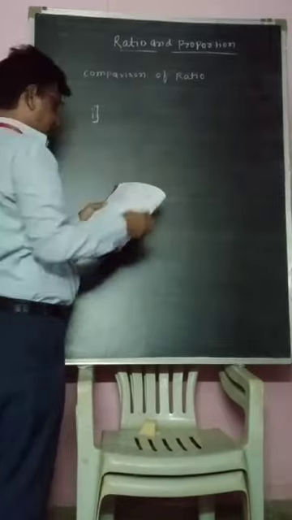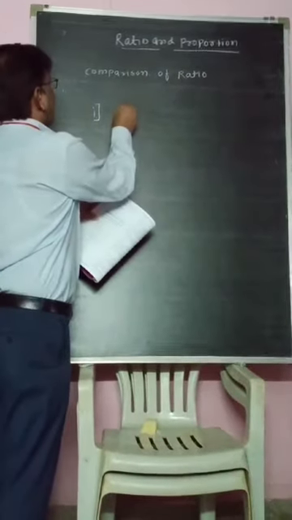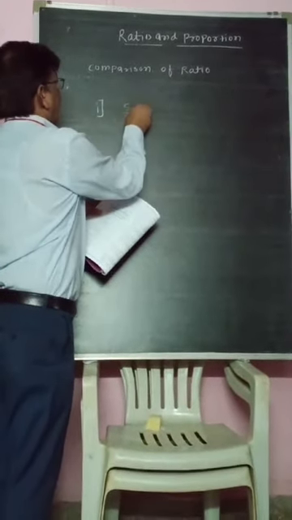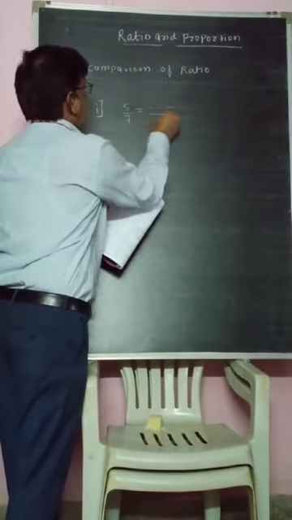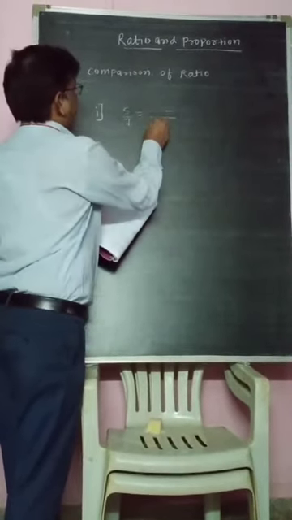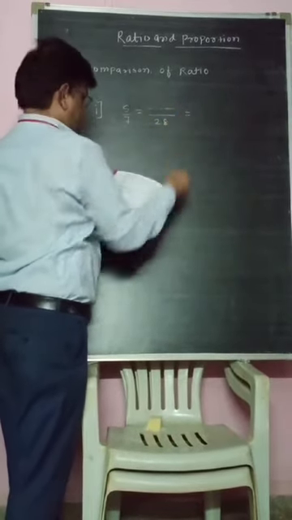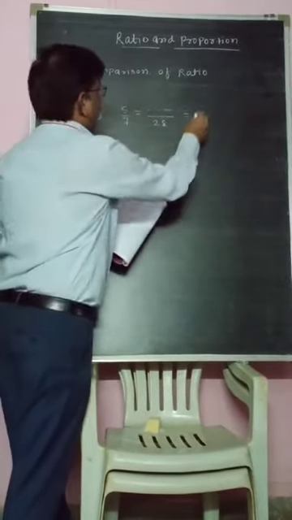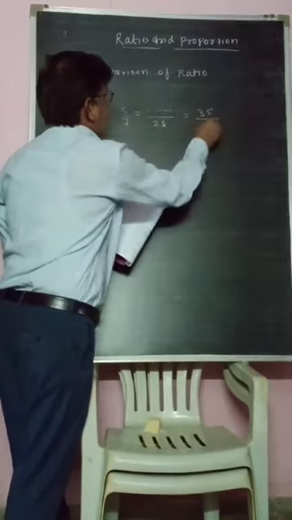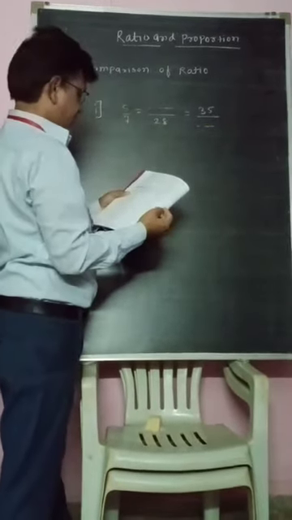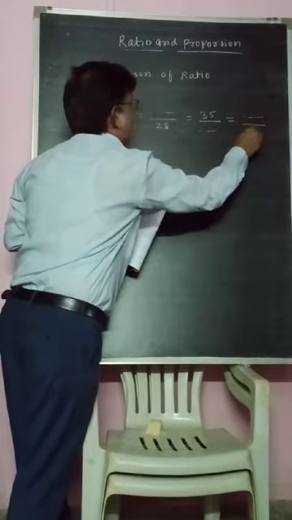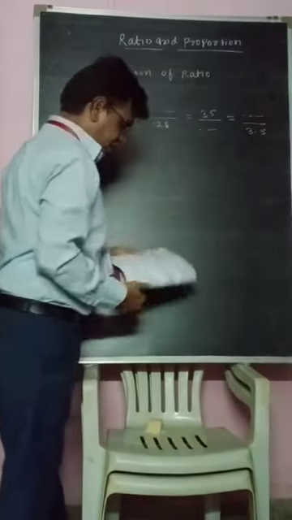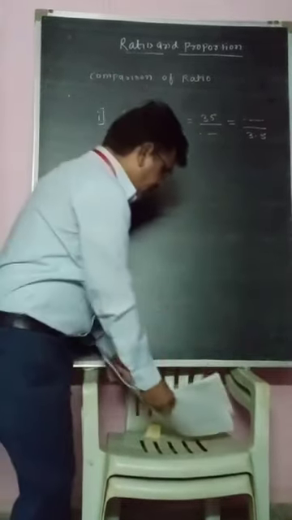Number 1: 5 by 7 is equal to dash by 28 is equal to 35 by dash is equal to dash by 3.5. Now, how to find out the blanks?